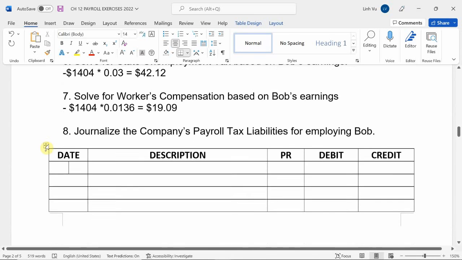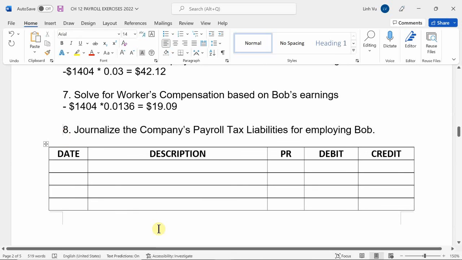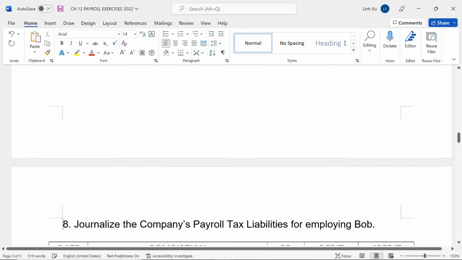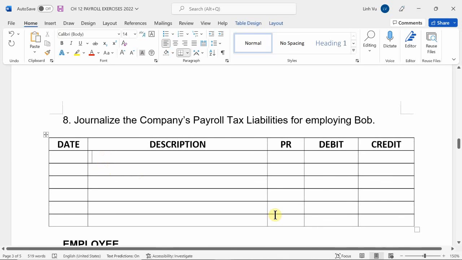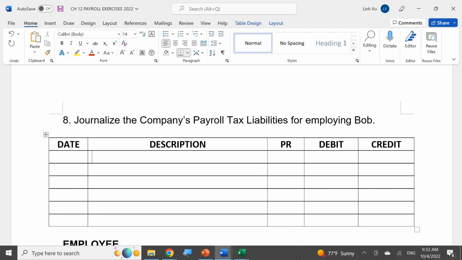I'm going to push this down a little so we can have room. Okay. So what do I have to journalize? Payroll tax expense. Okay. And FICA. Company FICA.